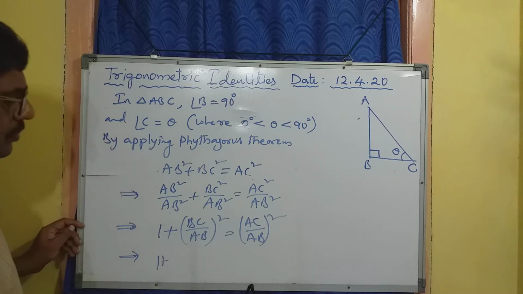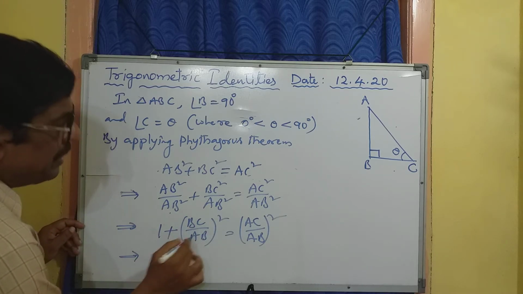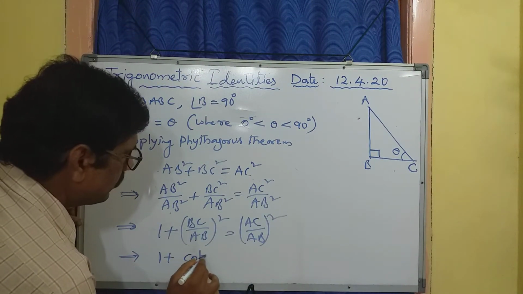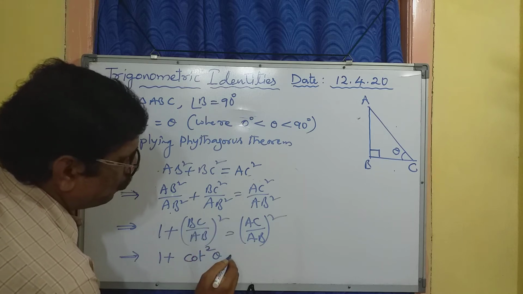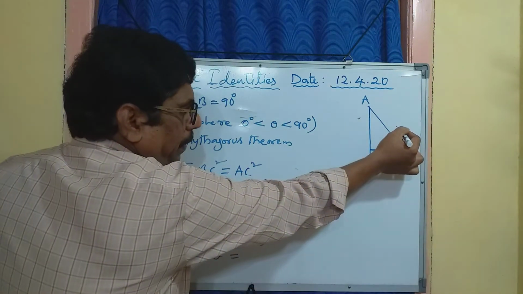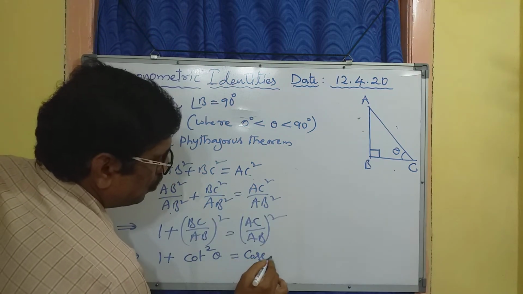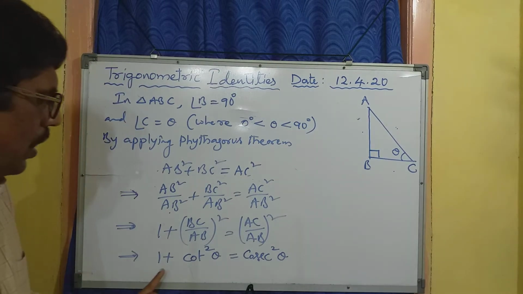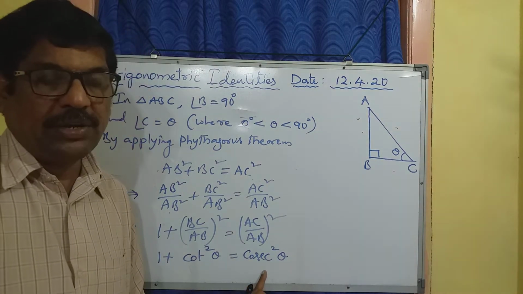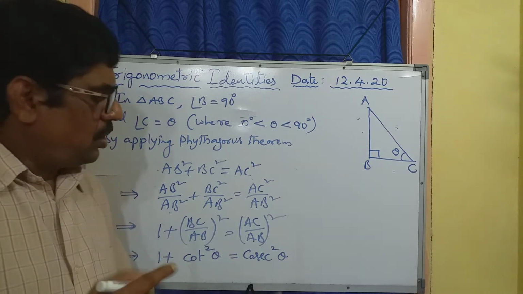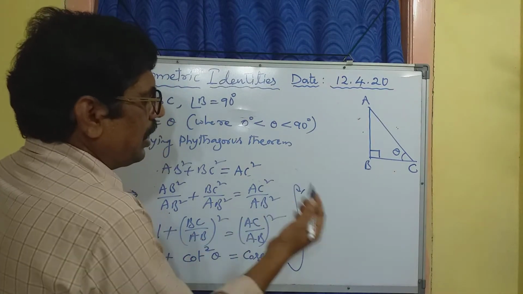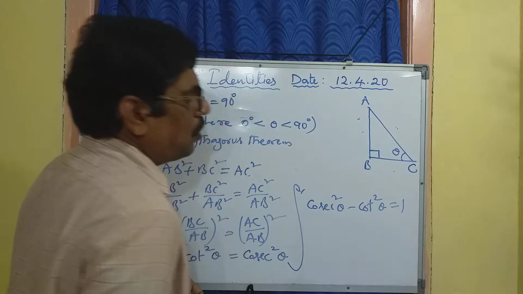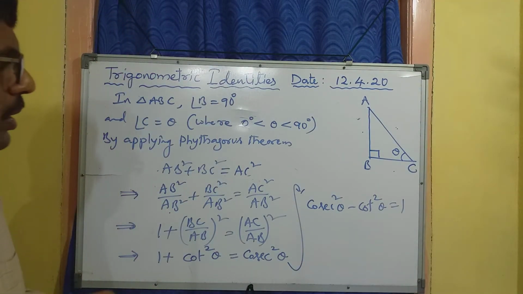Now 1 plus BC by AB, adjacent side by opposite side, can be written as cot. So as there is square, we can write it as cot square theta. AC by AB, hypotenuse by opposite side, can be written as cosecant. So as there is square, we can write it as cosecant square theta. So 1 plus cot square theta is equal to cosecant square theta is the third identity. Now this identity can be written in the other form, that is cosecant square theta minus cot square theta is equal to 1. Okay? These are the three identities.